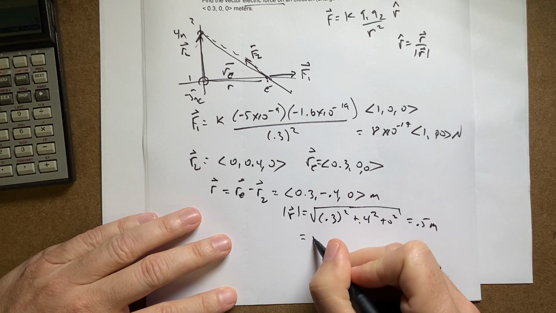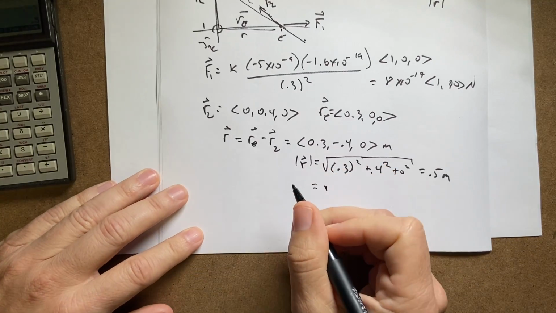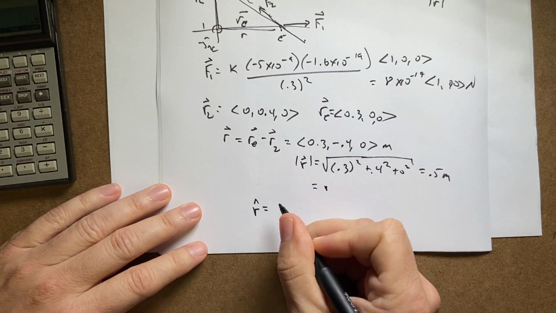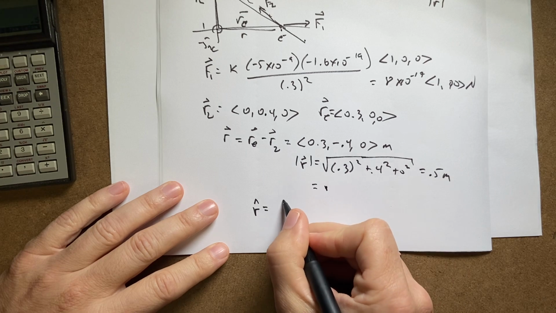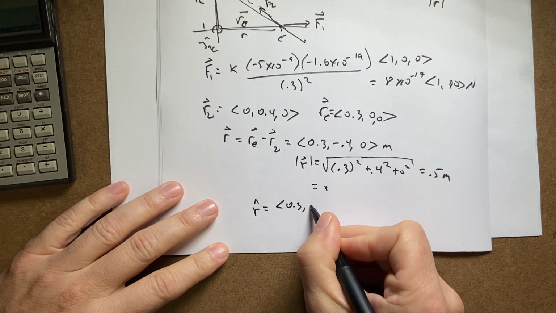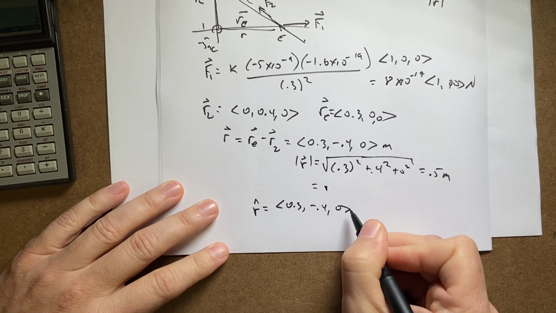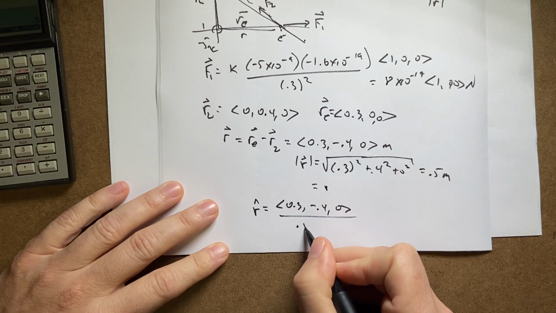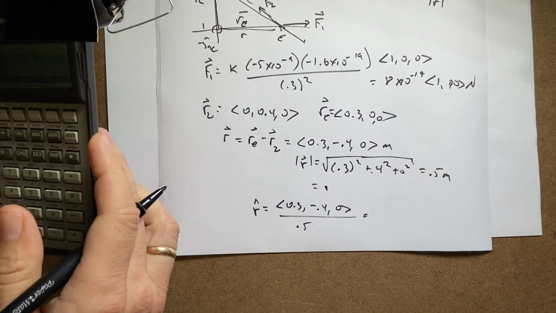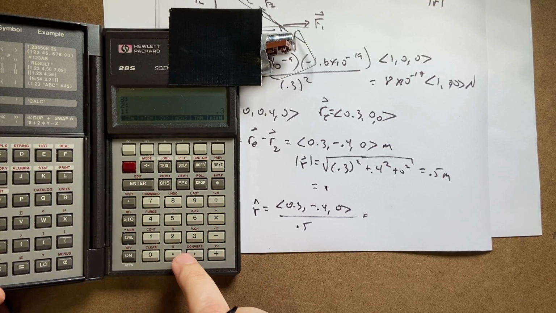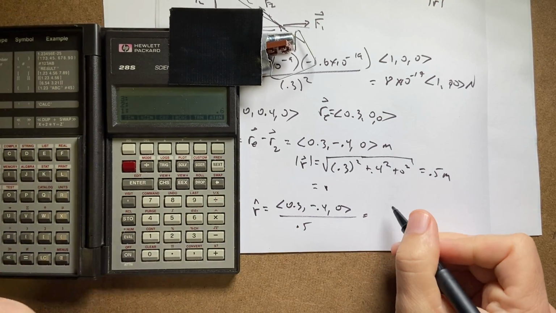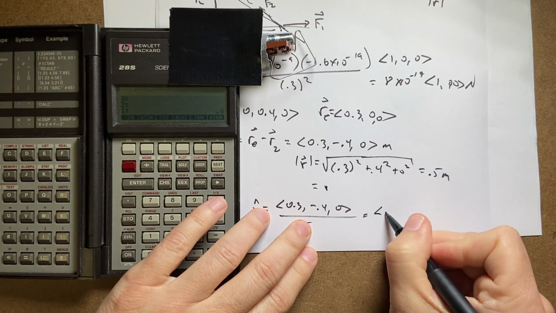Now I want to find r hat. R hat is going to be equal to the vector r, right there, 0.3, negative 0.4, 0, divided by 0.5. So I can just take 0.3 divided by 0.5, and I get 0.6.